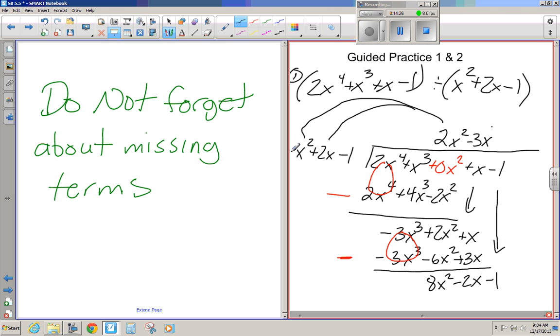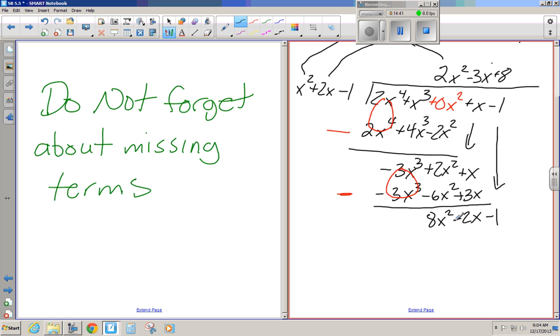And now, 8x squared and x squared. What do you multiply x squared by to get 8x squared? All you need to multiply by is the 8. And when we do our multiplying, 8 times x squared, 8 times 2x, 8 times negative 1, and subtract.